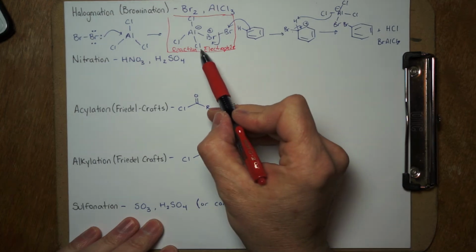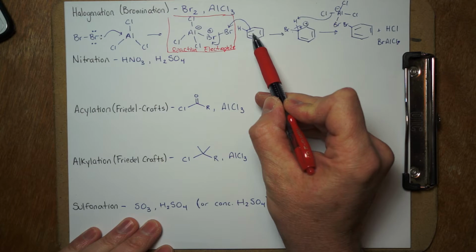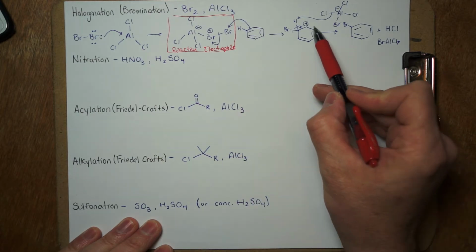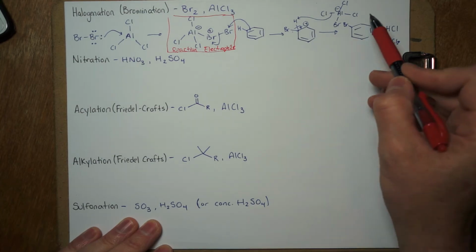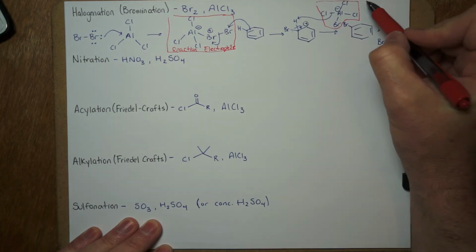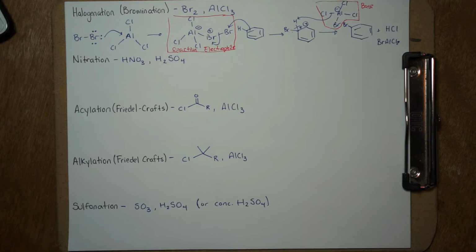Okay, and so we form the reaction electrophile. It's high enough in energy, reactive enough that benzene can react, make a bond to bromine. Okay, in doing so, we're forming our arenium ion intermediate, and then in this case, this is our base that we're using in the reaction to remove the proton.